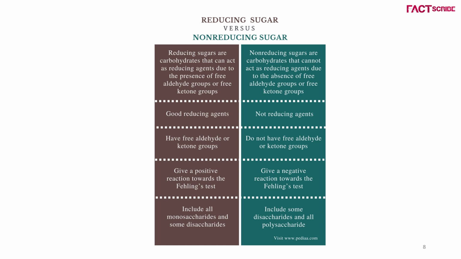A few examples for reducing sugars are all the monosaccharides and some disaccharides including maltose and lactose. Examples for non-reducing sugars are disaccharides and oligosaccharides like sucrose, raffinose, and stachyose.